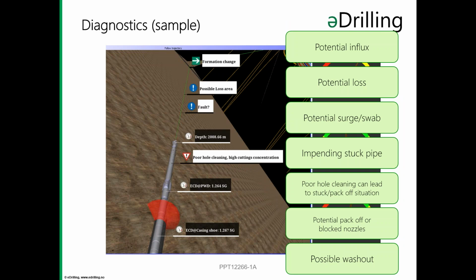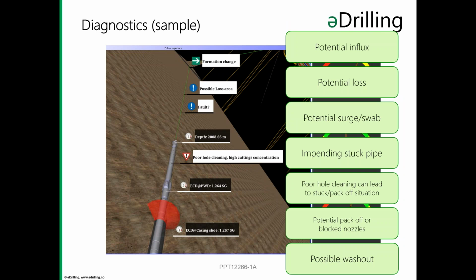We also have the potential loss, looking at the pit volume, but also the frac pressure and collapse pressure and so on. Surge Swab is doing real-time ECD calculations at all times and compares the ECD for the entire wellbore against the pore and frac pressure.